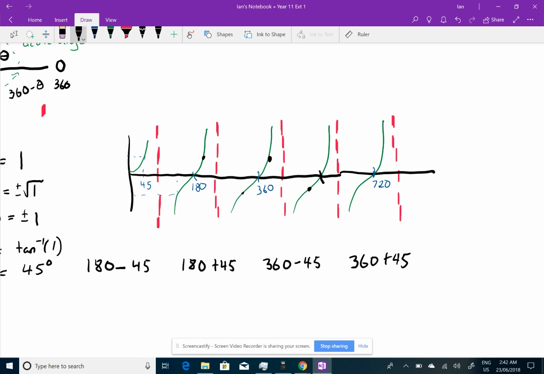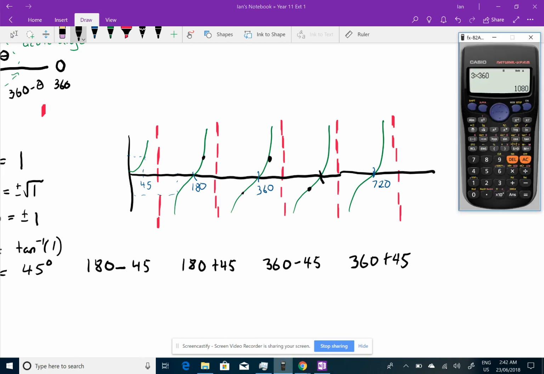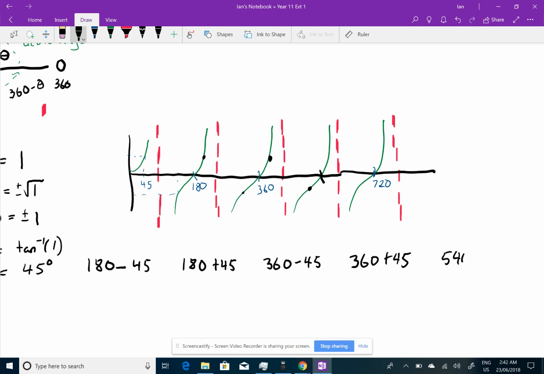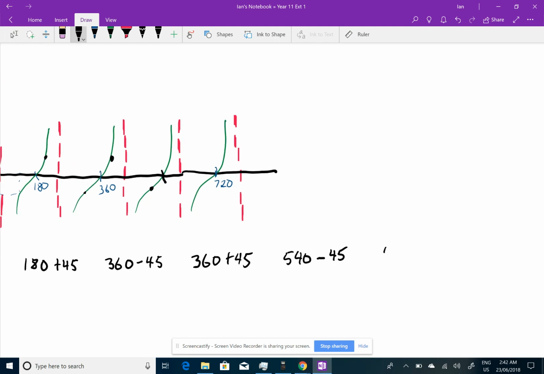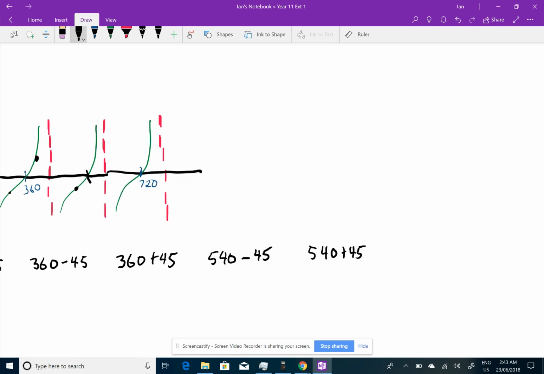Well, it's halfway between 360 and 720, or 180 up from 360. Let's double check: 180 plus 360 is 540. I'll just do the same thing because it's the same distance. So the next one will be 540 minus 45, and then 540 plus 45. And then 720 for this one, minus 45. And I'm going to stop there because I'm going to show you something.